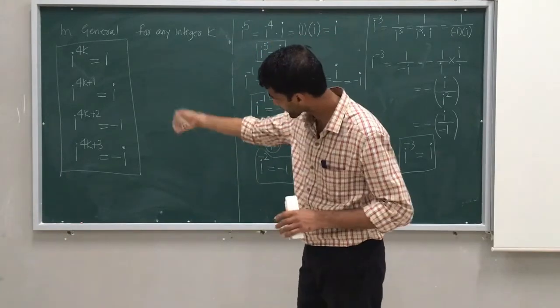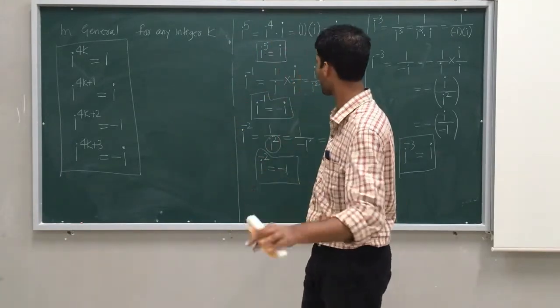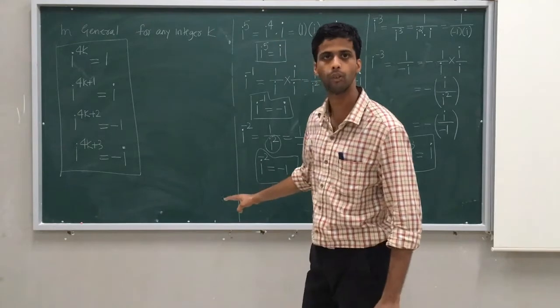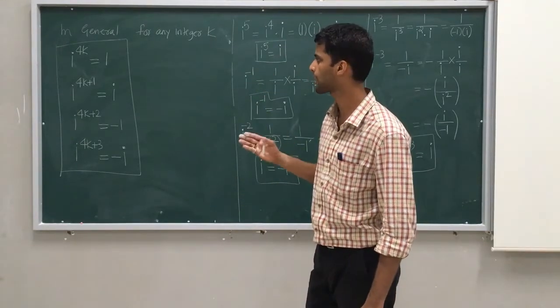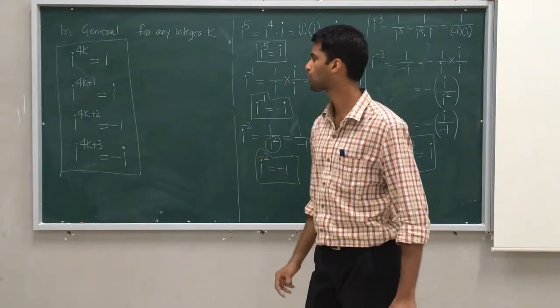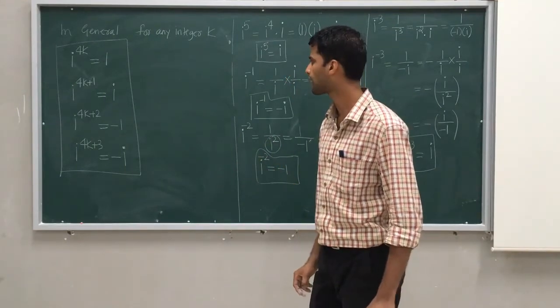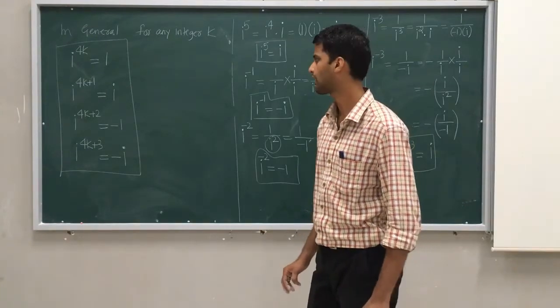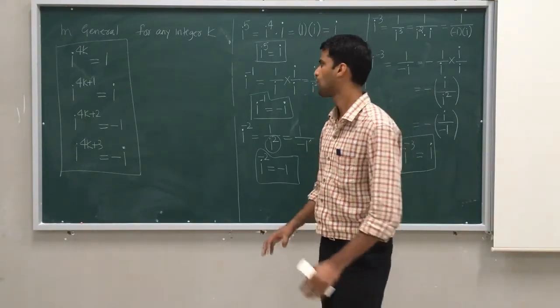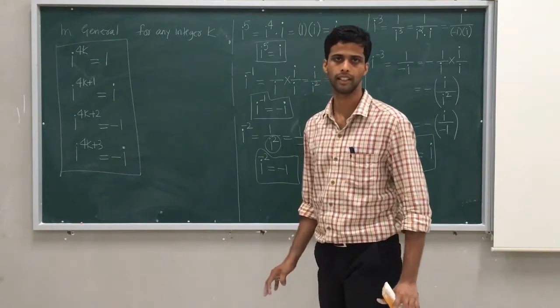What I have written is the generalization of this series that we developed. i power 4k is plus 1, i power 4k plus 1 is i, i power 4k plus 2 is minus 1, and i power 4k plus 3 is minus i. All these things play a vital role in proving all these results.